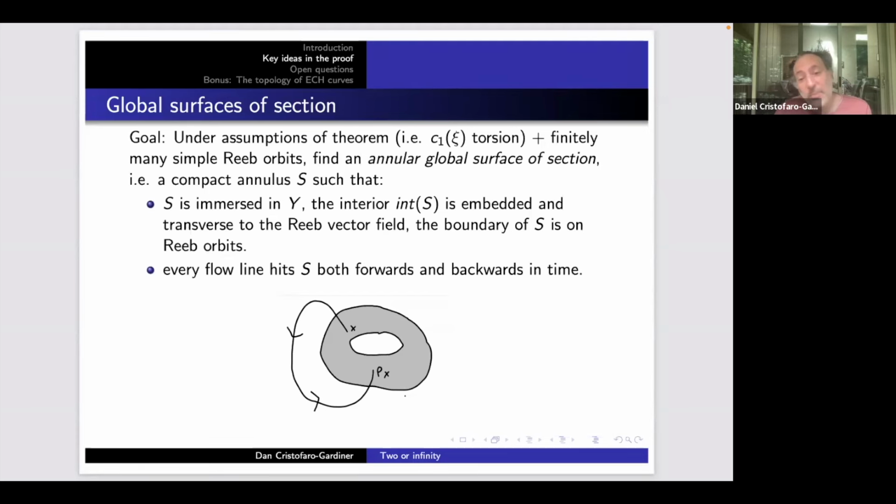However, in our proof, it turns out to be very important to deal with annular global surfaces of section. So this part would work just as well if I had genus, but later, it's going to be very important to not have genus. So that's actually why I said that's a great question. Does that answer your question?